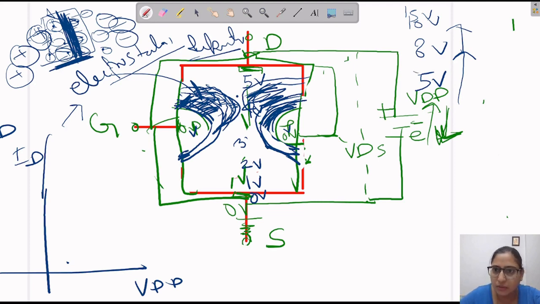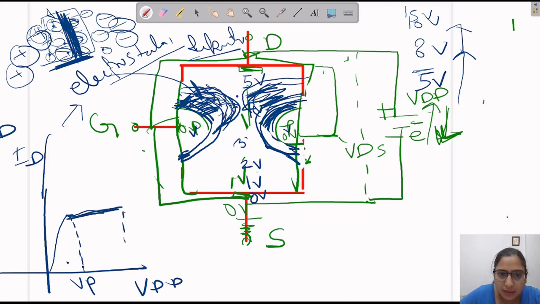When we increase this voltage, the current will increase, and beyond a certain level the current will not increase but saturates. This we call the pinch off voltage. After that the current does not increase but is saturated.